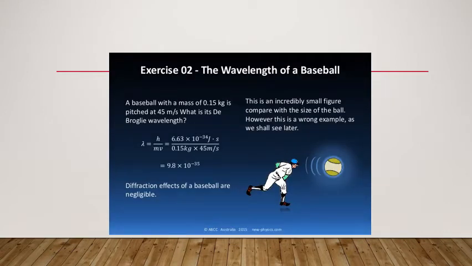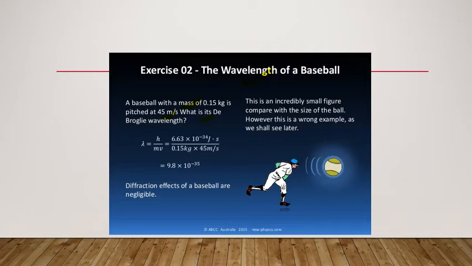Here is another example: the wavelength of a baseball. A baseball of mass 0.15 kg is pitched at 45 meters per second. What is its de Broglie wavelength? We can determine it using the de Broglie equation, putting in the value of h, the mass, and the velocity of 45 meters per second.